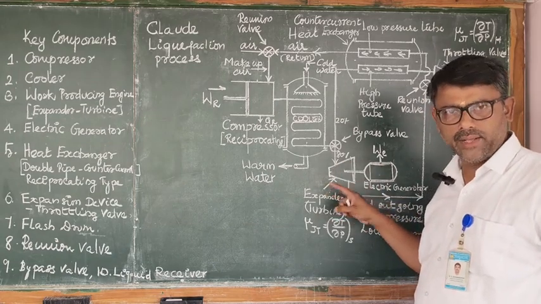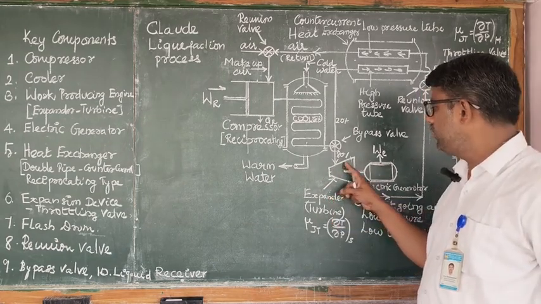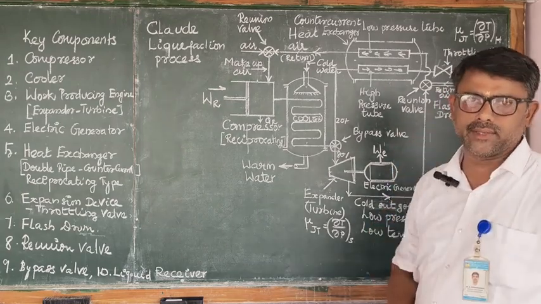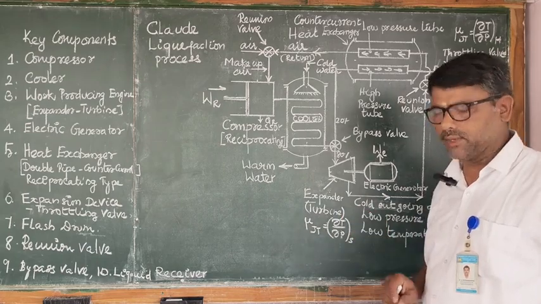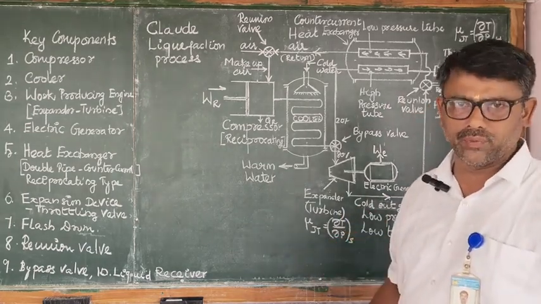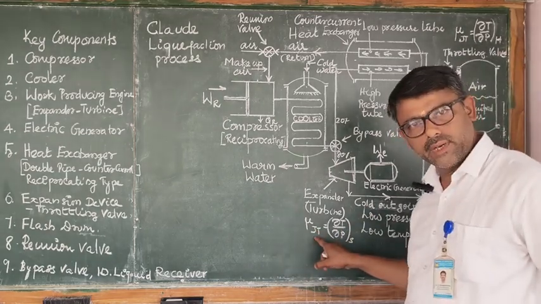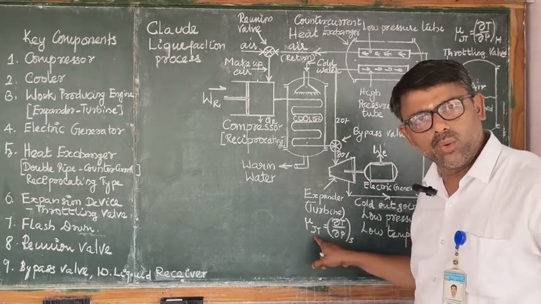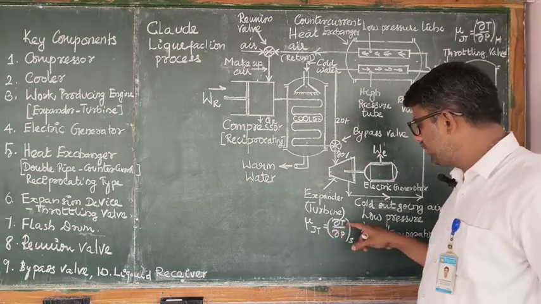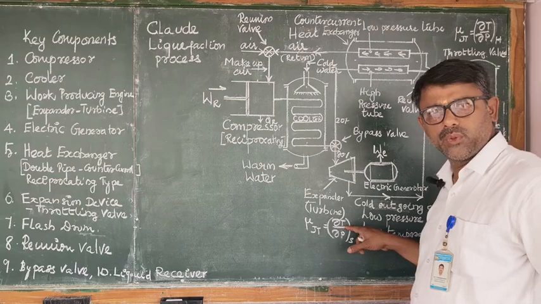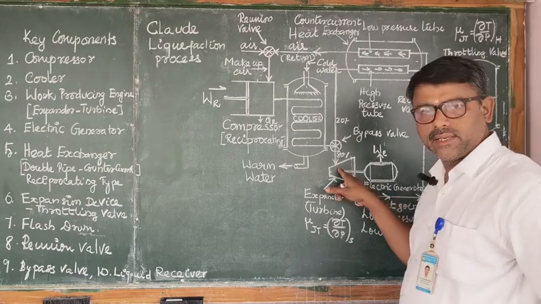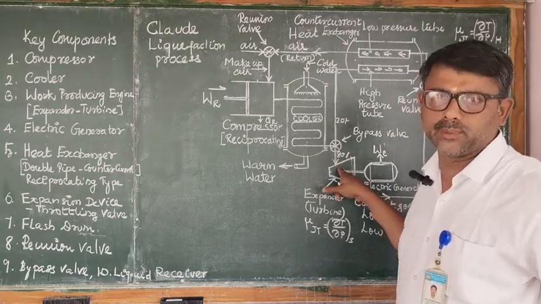So, it is reversible adiabatic expansion, which is nothing but isentropic expansion. The Joule-Thomson coefficient or isentropic expansion coefficient is the rate of change in temperature with respect to unit decrease in pressure at constant entropy. Here the expansion is isentropic expansion.